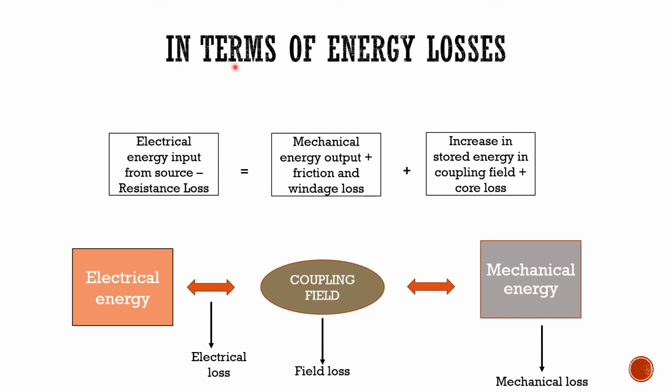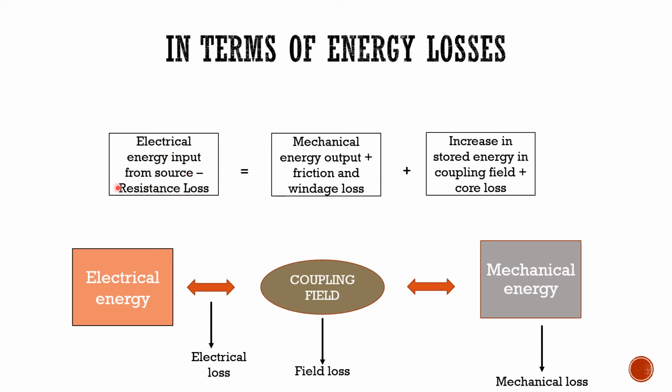If we speak in terms of energy losses, we have that electrical energy input from source minus resistance loss equals mechanical energy output plus friction and windage loss plus increase in stored energy in coupling field plus core loss. The electrical energy losses are in the form of heating due to current flowing in the winding of the energy converter.